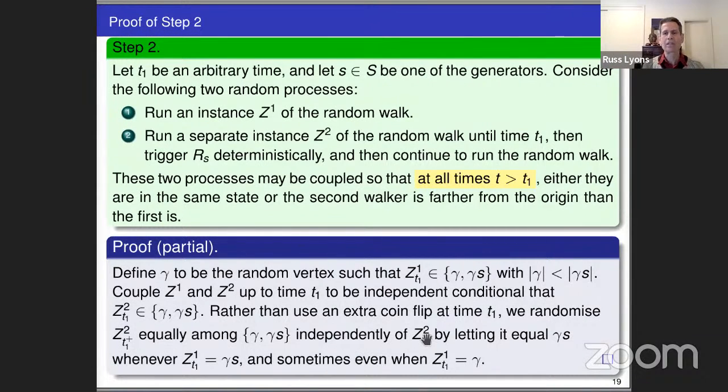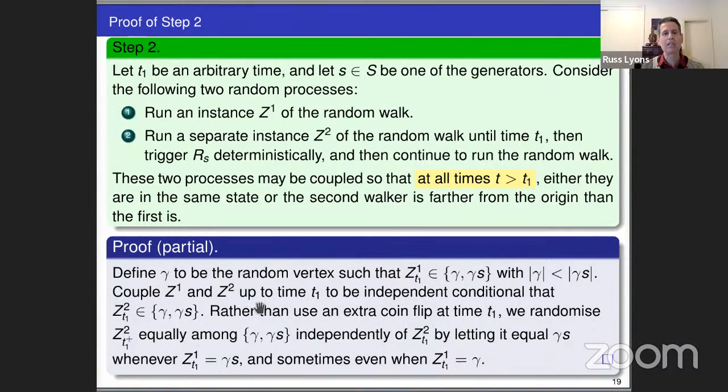Now, how are we going to decide what to do? This is our coupling. We're going to let it equal gamma S, the further one, if the first one is at gamma S, but sometimes even if the first one is at gamma. And we can do that because at step 1, the chance of being at gamma is at least the chance of being at gamma S. And we need to do half-half, and so we can do that.